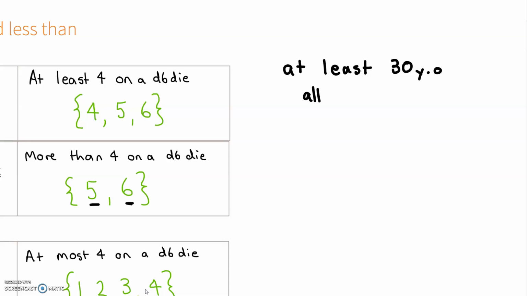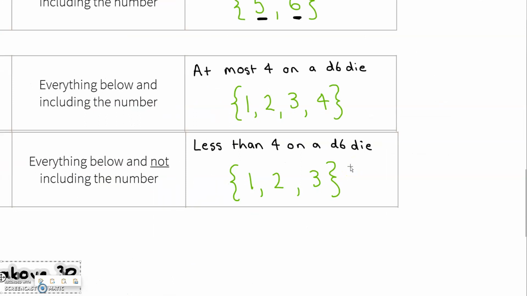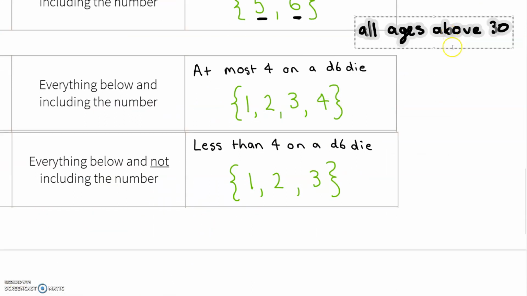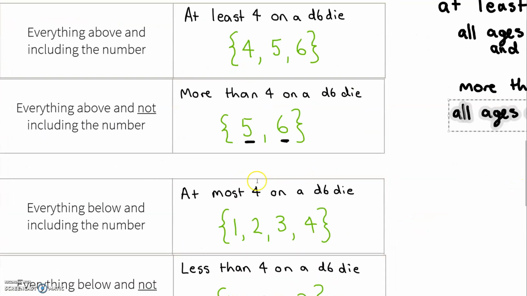That's all ages above 30 and 30. Okay, whereas if we said more than 30, that means they are all ages above 30 but not including 30. And that just went very weird. Hooray. But I'm not going to re-record because this is 8 o'clock at night. We're going to keep rolling.